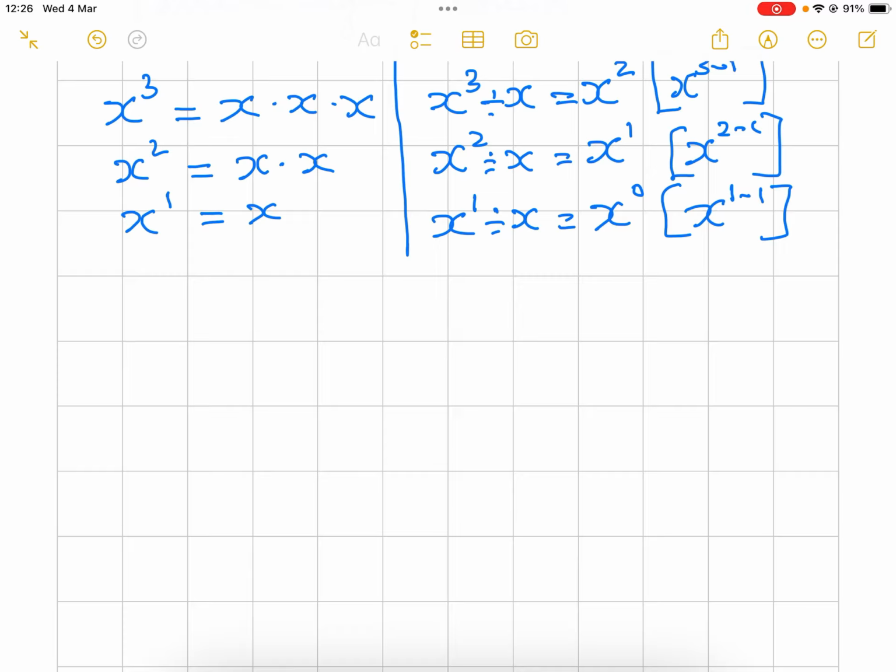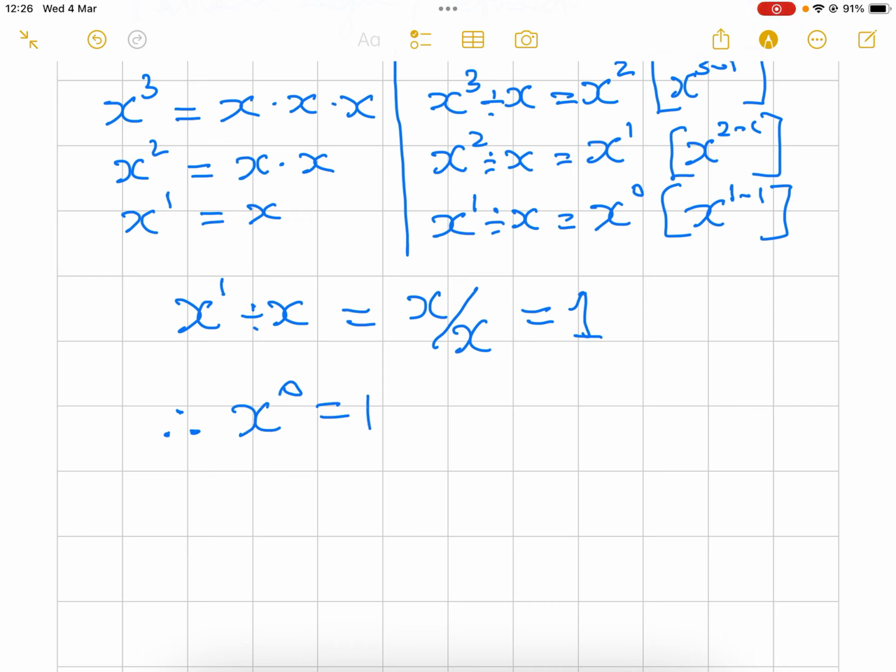Therefore, x raised to power 1 divided by x is equal to x divided by x, which is 1. Therefore, x raised to power 0 is equal to 1.